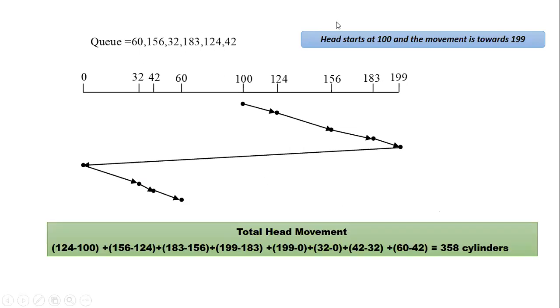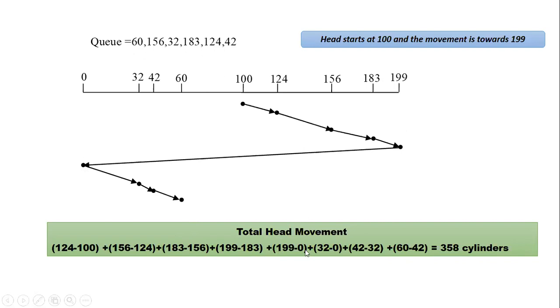Now let us check the total head movement. 100 to 124, 124 minus 100, 124 to 156, 156 minus 124, 156 to 183, 183 minus 156, 183 to 199, 199 minus 183. So now 199 to 0.